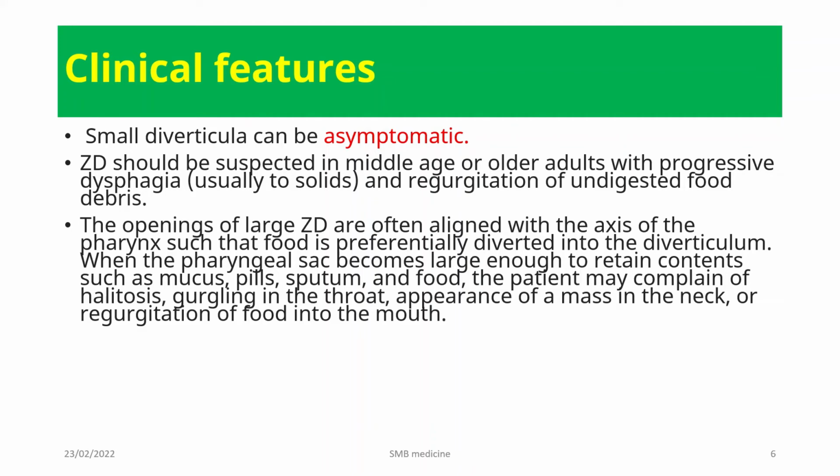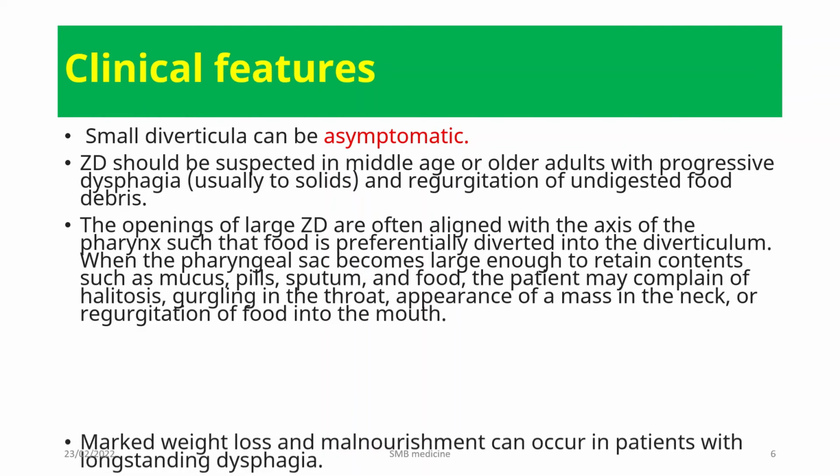When the pharyngeal sac becomes large enough to retain content such as mucus, pills, or food, the patient may complain of halitosis, which is a bad odor, gurgling in the throat, appearance of a mass in the neck, or regurgitation of food into the mouth.